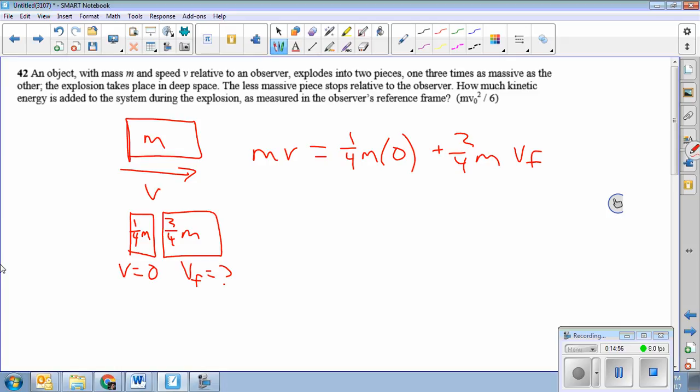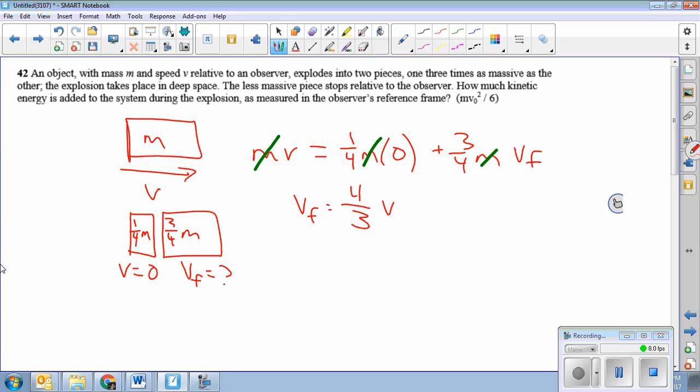Okay, so we can divide everything by m, and then solve for vf. And you will discover that vf is 4/3 of v. Make sense? Any problems? Okay, cool. We're just not done. That's half the battle.